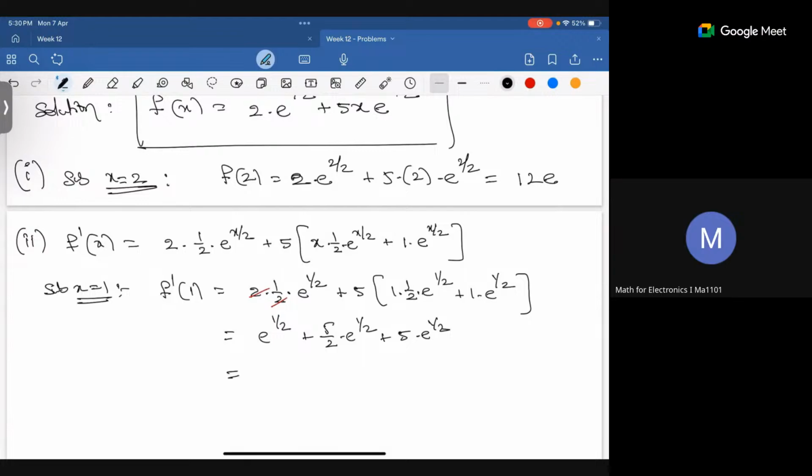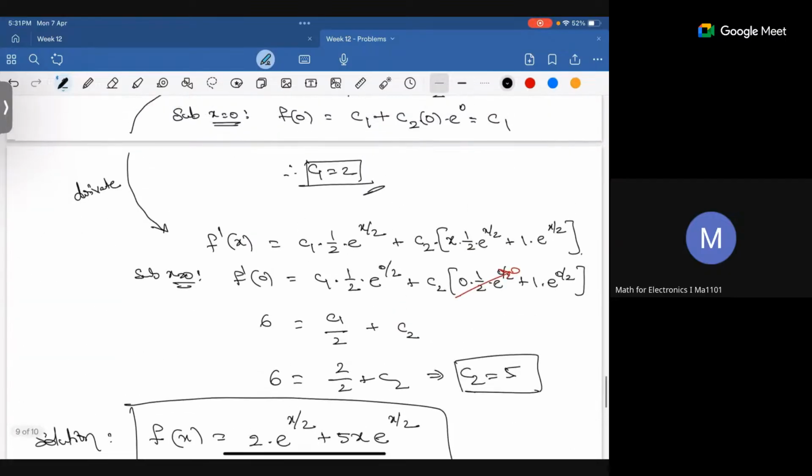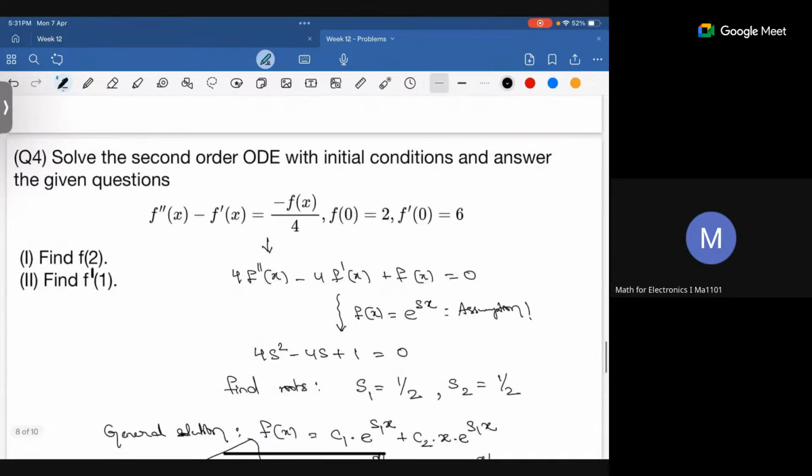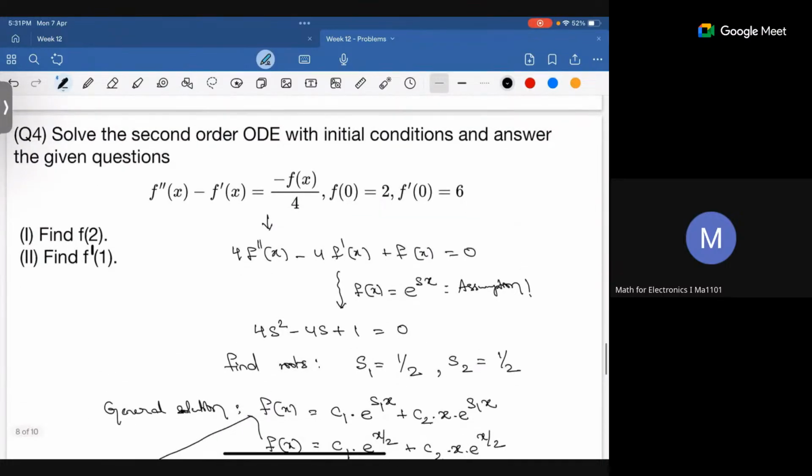Right? You just have to add all these three. You will see that you will have 17 by 2 into e power half. Okay, so this also you can get an approximate value by substituting e as 2.7. But this is also the correct answer: 12e and 17 by 2 square root e. Okay, that is how you should solve this particular problem.